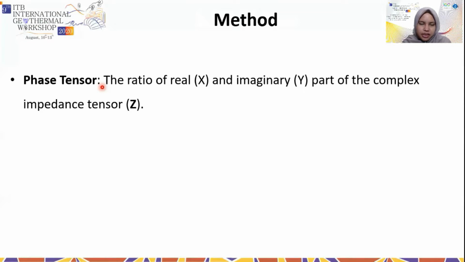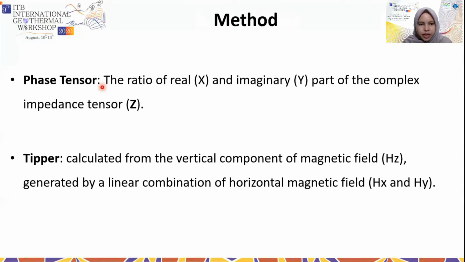Since the phase tensor contains the 90-degree ambiguity, we use TOR strike to resolve it, and it is calculated from the vertical component of magnetic field and generated by a linear combination of horizontal magnetic field.